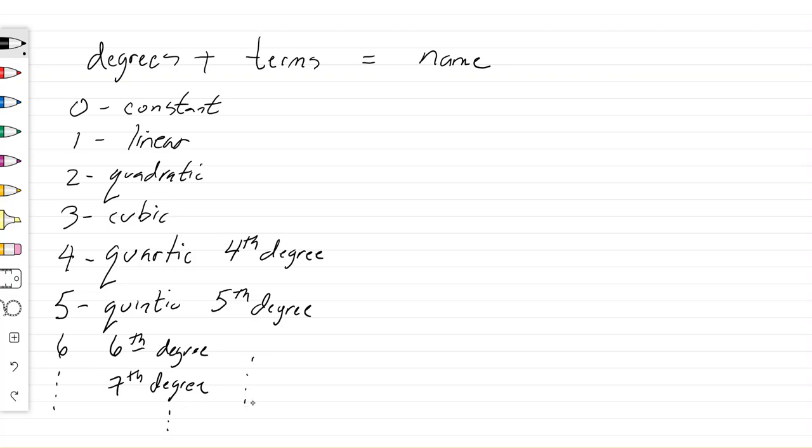Okay, now let's talk about the terms. There's no polynomial with 0 terms, so when we're talking polynomials, we would start off with 1 term, and a 1-term polynomial we would refer to as a monomial.